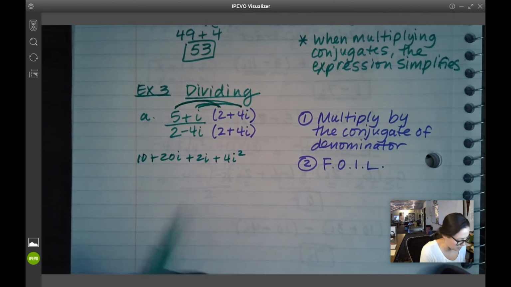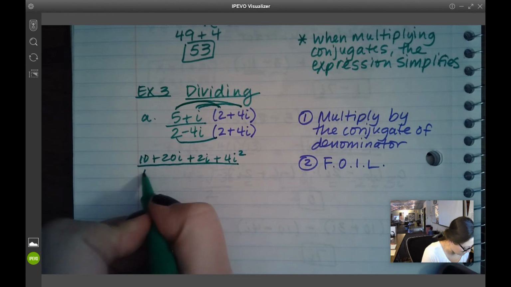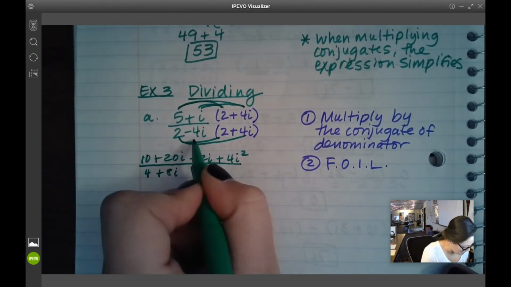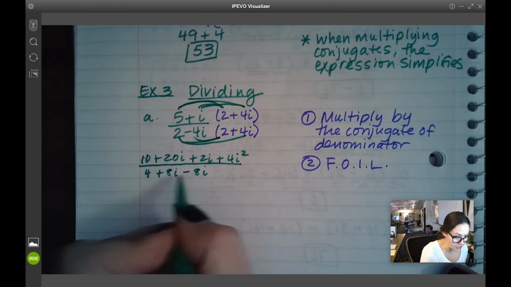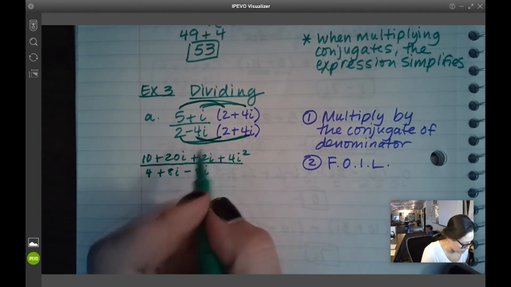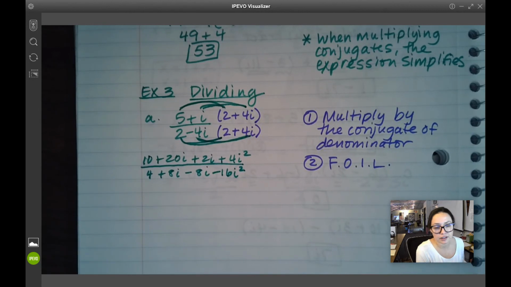Okay, that was the top. I've got to do the bottom also. 2 times 2, 4. 2 times 4i, 8i. Negative 4i times 2, minus 8i. Do you see what's going to happen here? Negative 4i times 4i gives me minus 16i squared, because we have i times i.